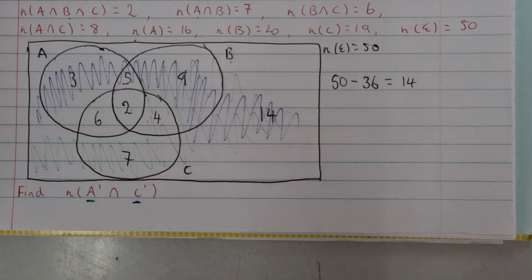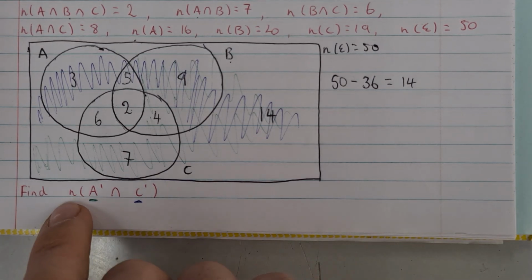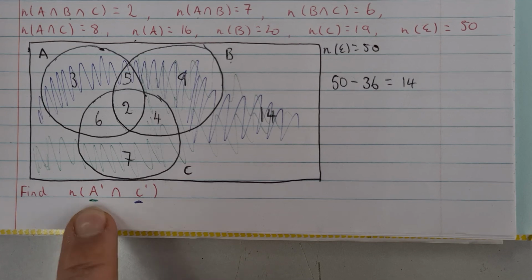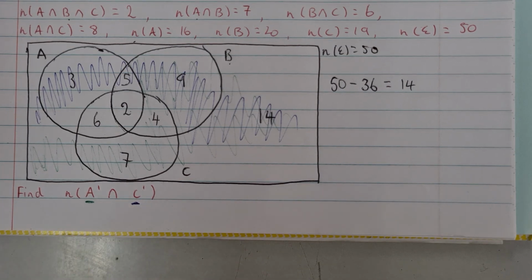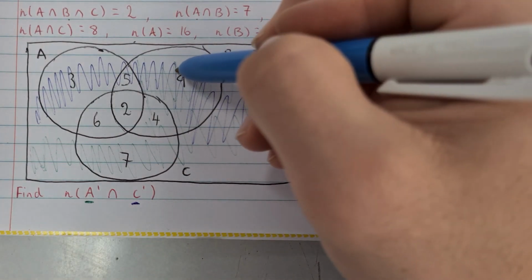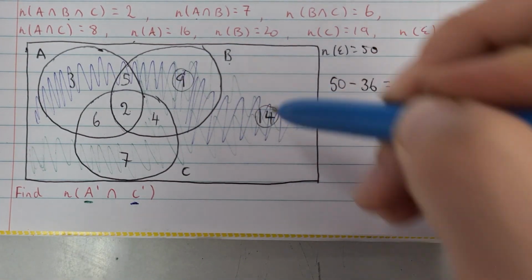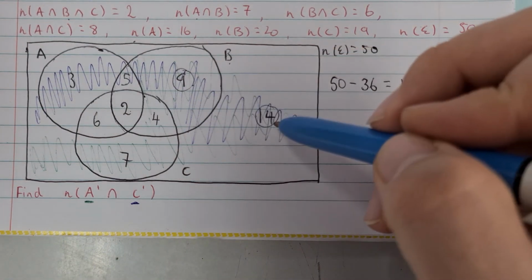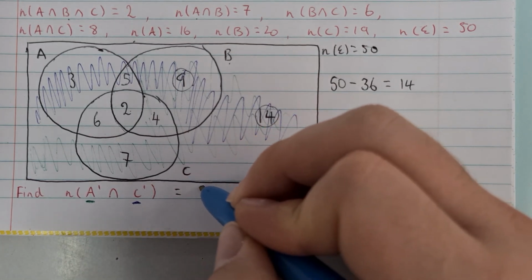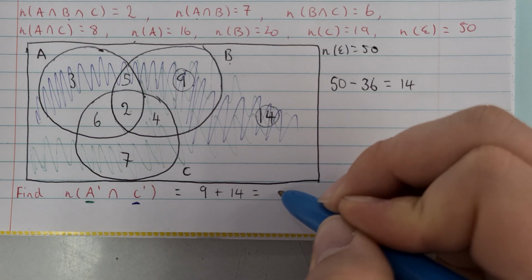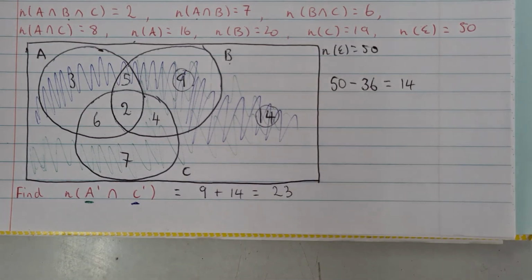So it's getting a bit messy, but hopefully we can see that if we're finding the intersection where I've drawn blue and green together, they overlap in these two places. So everything that's not C overlaps with everything that's not A here and here. So the number of elements is 9 plus the 14, which is 23.